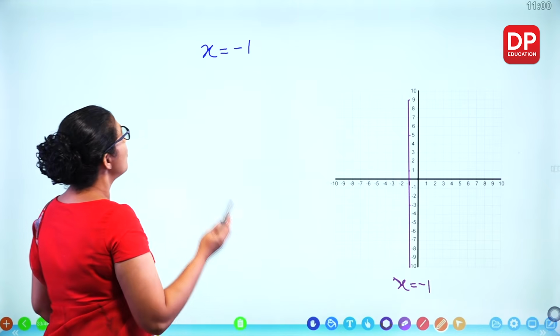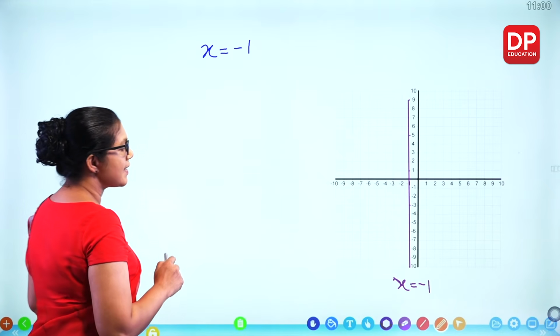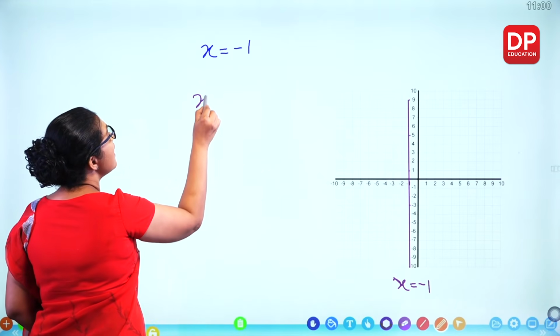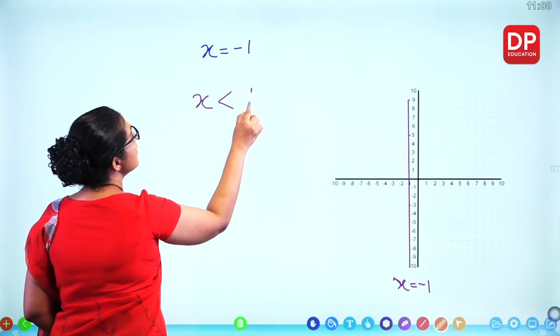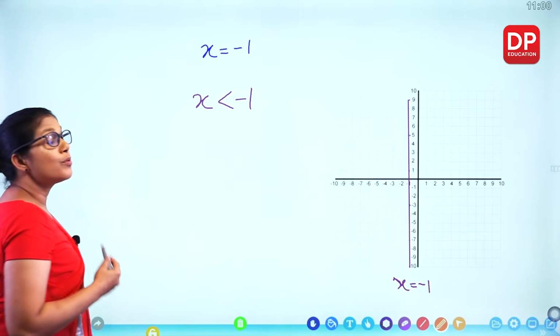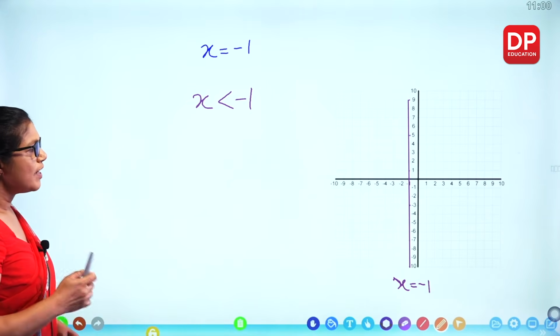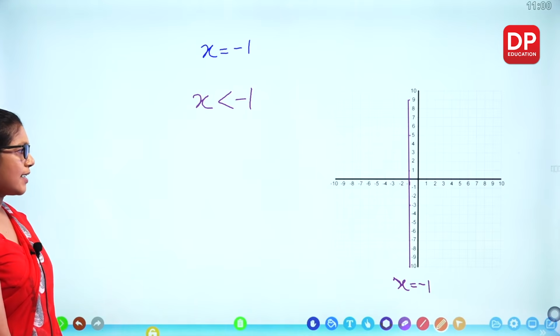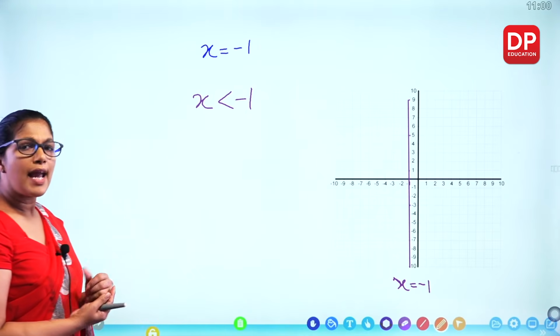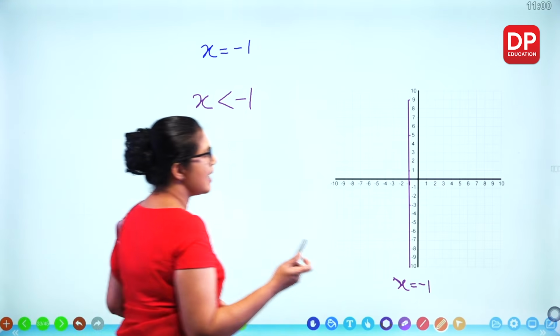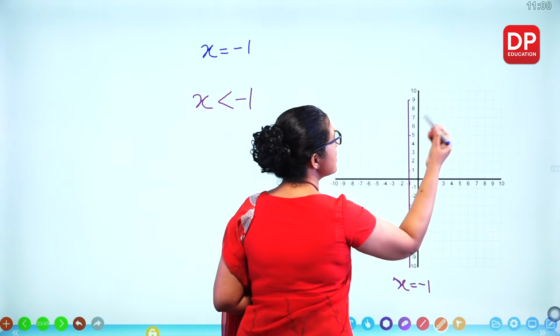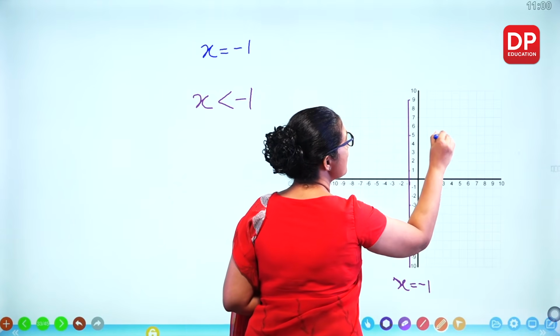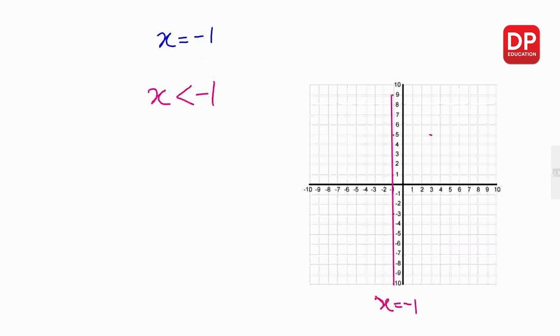Now, if I want x less than minus 1 to shade, which region should I take? Now we'll take any point. So I'll take this point, on any side, and we can check. What is this point? 3, 5.